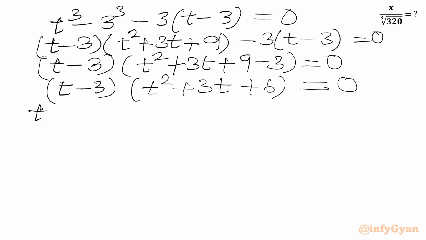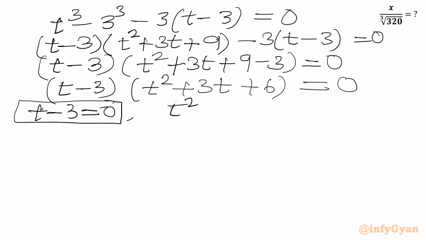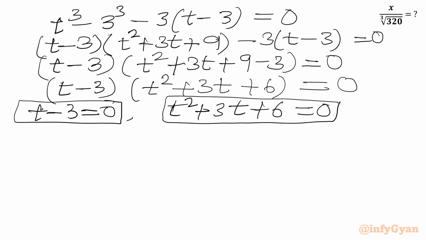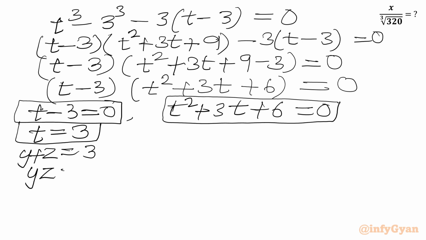So from here we can write either t minus 3 will be 0 or t square plus 3t plus 6 equal to 0. From the first equation I can conclude t will be equal to 3, and t was our substitution y plus z, so y plus z equal to 3, and our second equation was yz equal to 1.